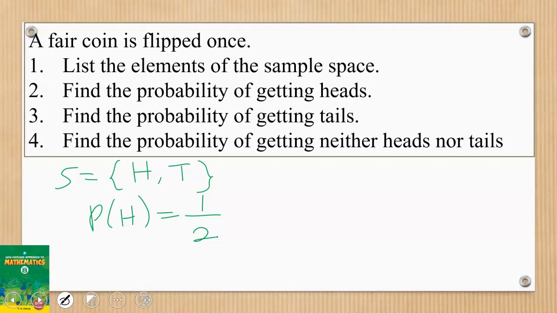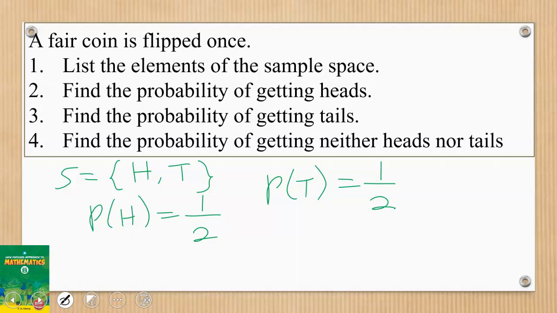Then find the probability of getting tail. Probability of T also is 1 out of the sample space 2. Find the probability of getting neither head nor tail. Once you throw the coin, it will either be head or tail.